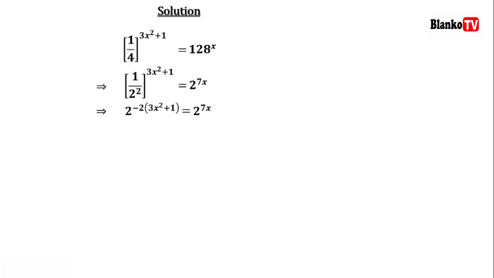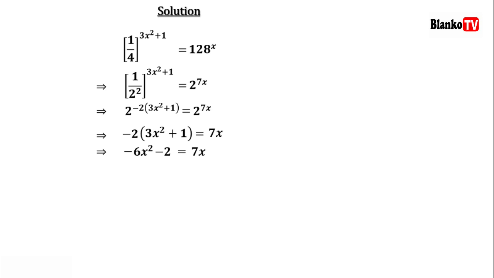So we have -2(3x²+1) = 7x. We remove the bracket by multiplying -2 by 3x² and -2 by 1, and we get -6x² - 2 = 7x.